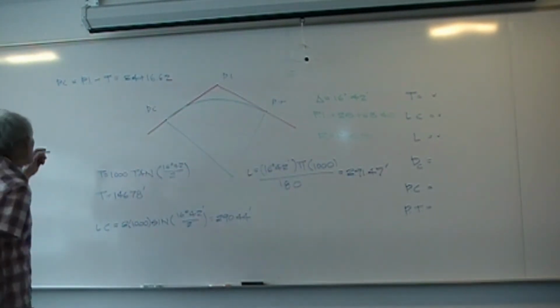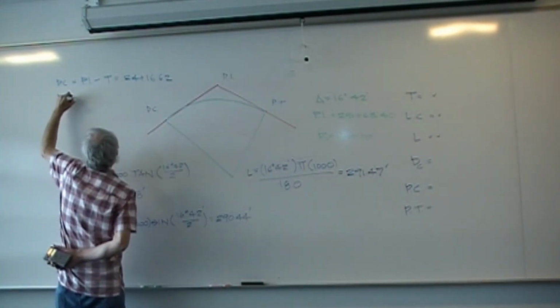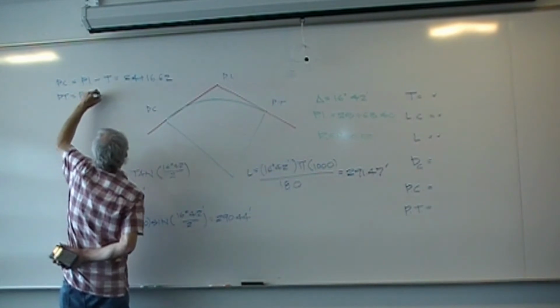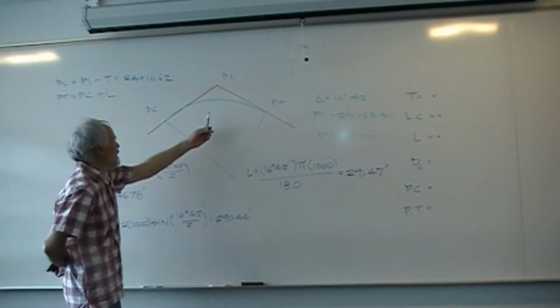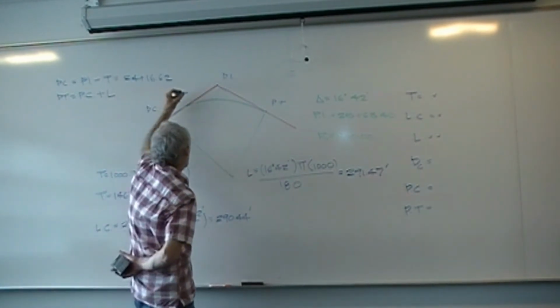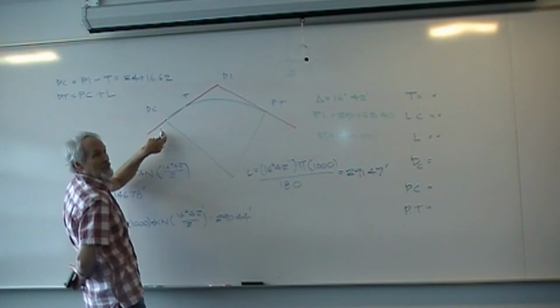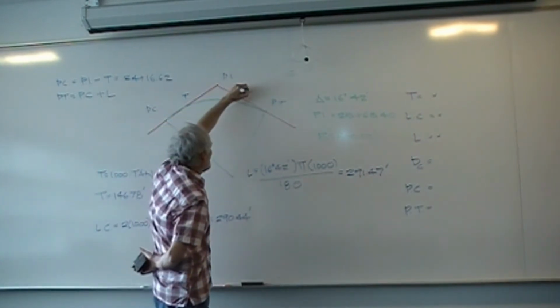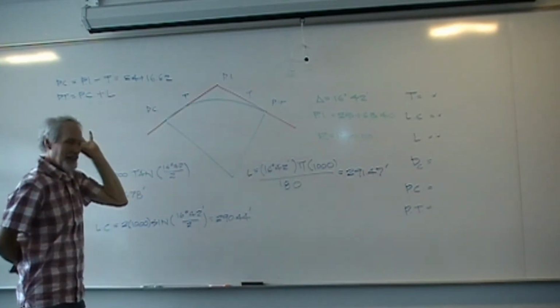So now, the PT is going to be your PC plus your length of arc. Now what some people want to do is they reference, oh, well this is your T value here. So if I back off by my PC, I can just add to my PCPI to get my PT, and that's going to be totally incorrect. So that's never true.